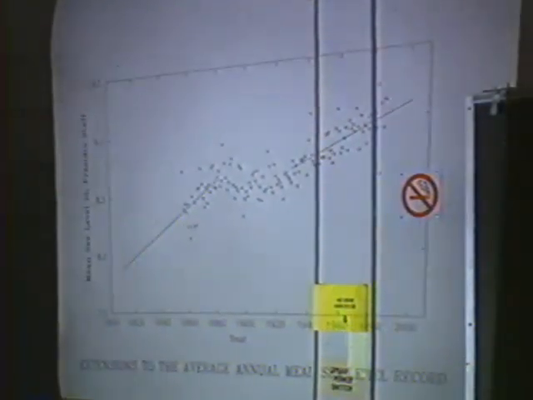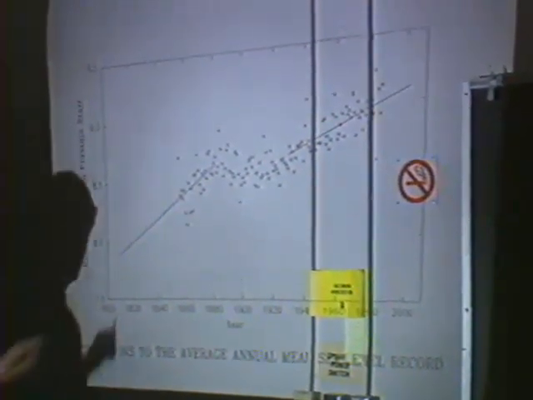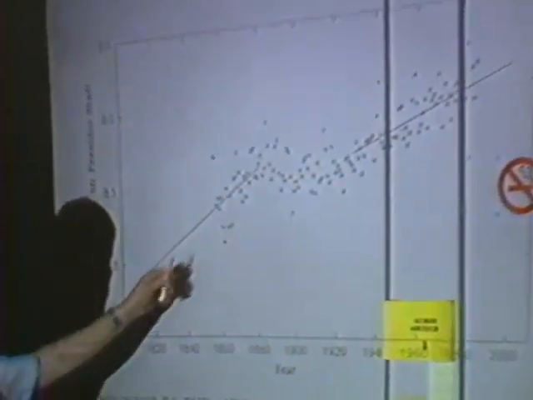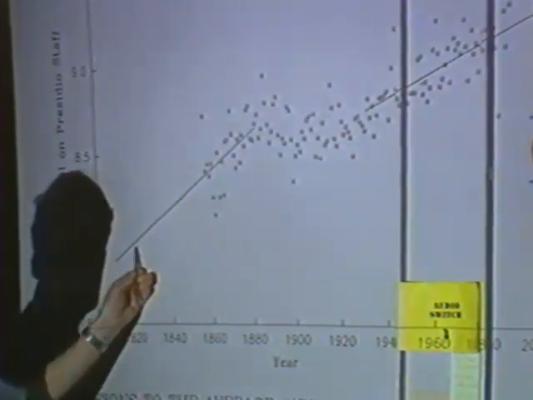Now, one of our problems was to get a good running start; you need to start well before 1850. We started at 1820, and in order to find conditions in 1820, we extrapolated this period linearly back to 1820.